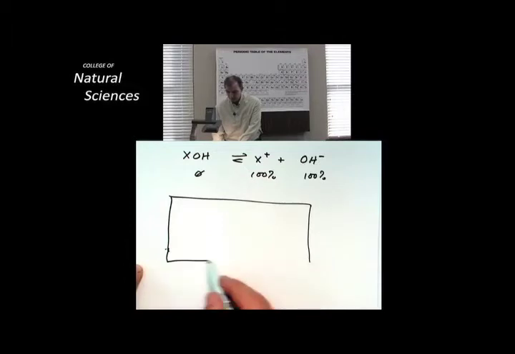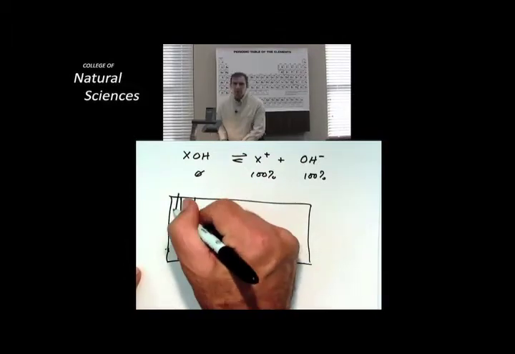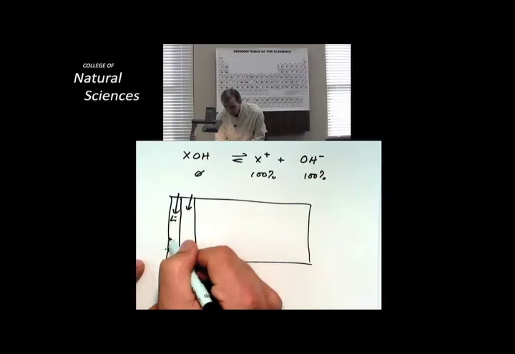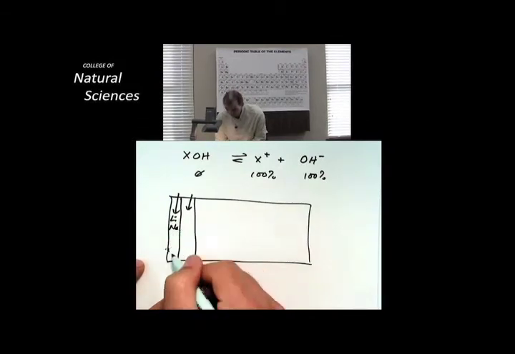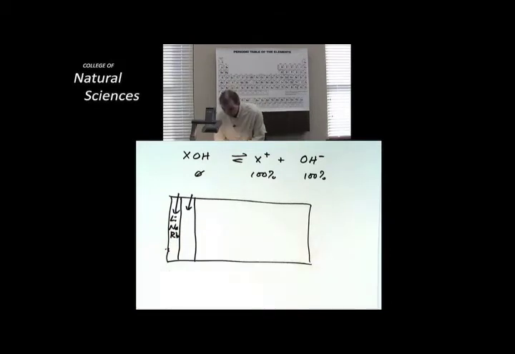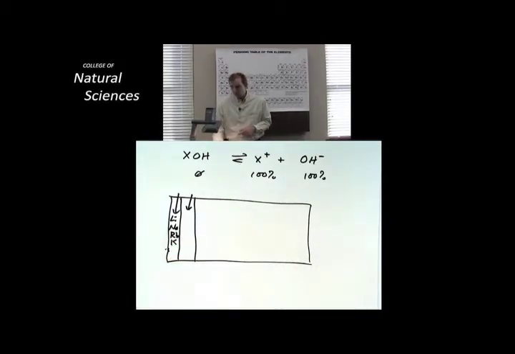This is called a periodic table, and this is called the two columns that house the strong bases. Lithium hydroxide, sodium hydroxide, rubidium hydroxide, potassium hydroxide. These are the strong bases. What about this column?